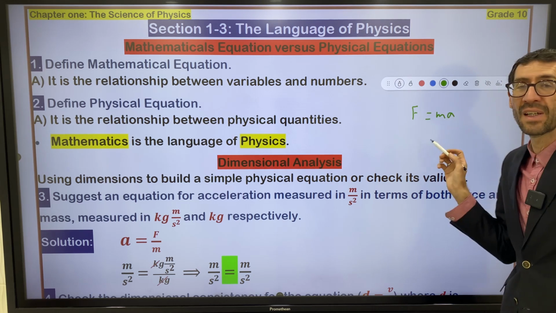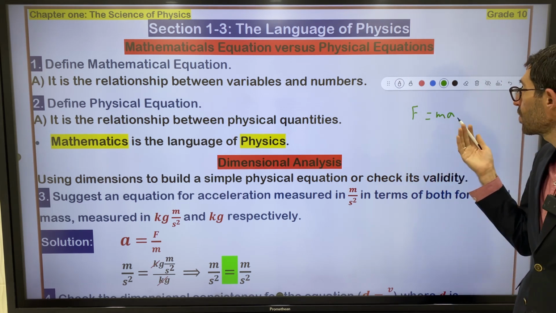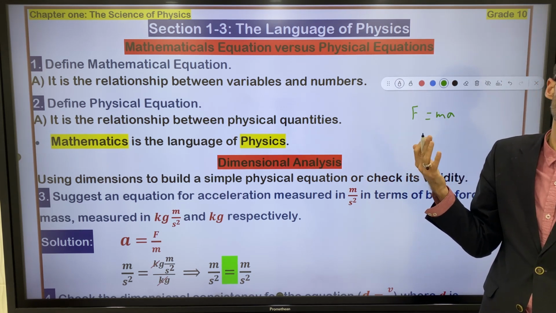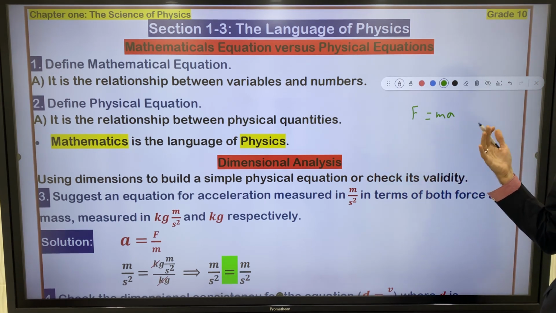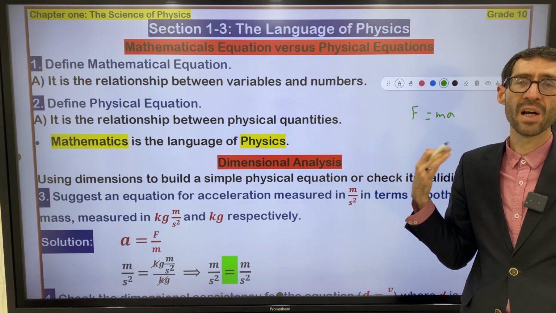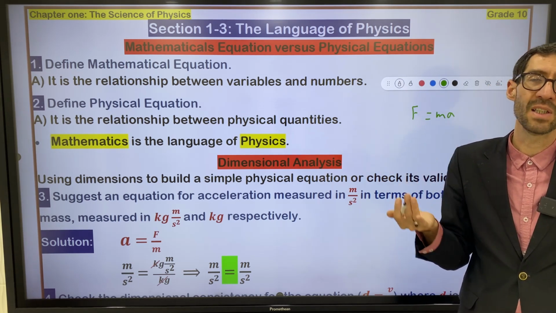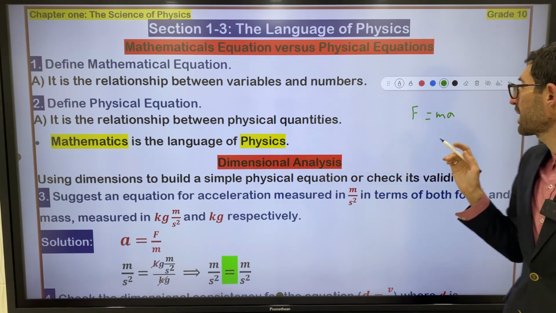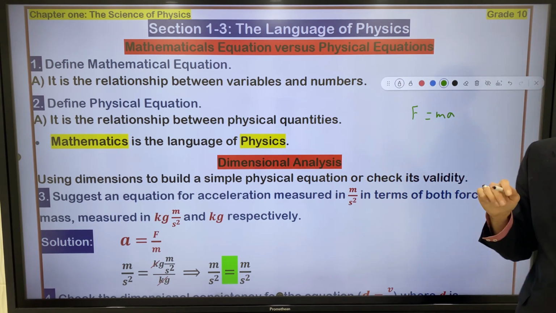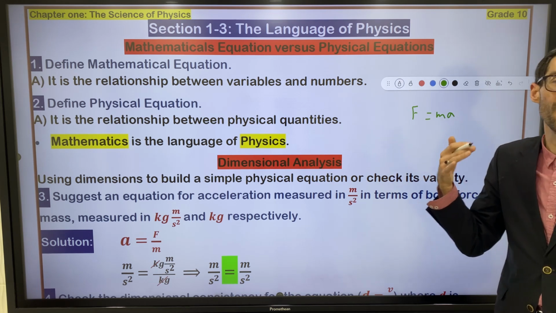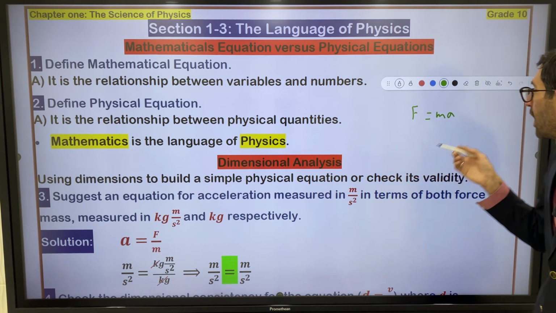Do you observe any number here? So there is no number here. What does it mean? Physical equations are different from mathematical equations. Let me write a mathematical equation for you, and I want you to compare between these equations, right?